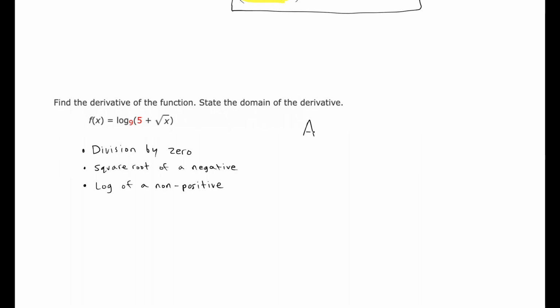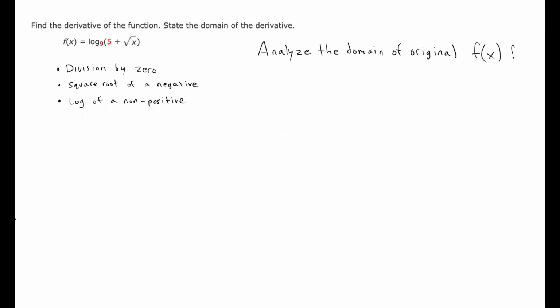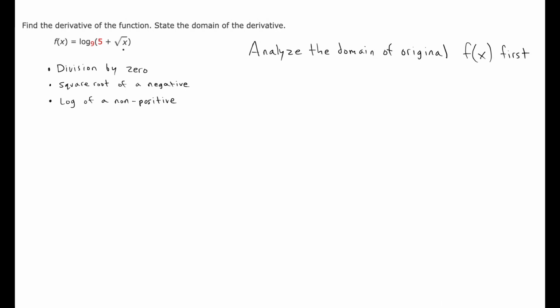We have to have that x itself cannot be less than 0, because we cannot take a square root of a negative.